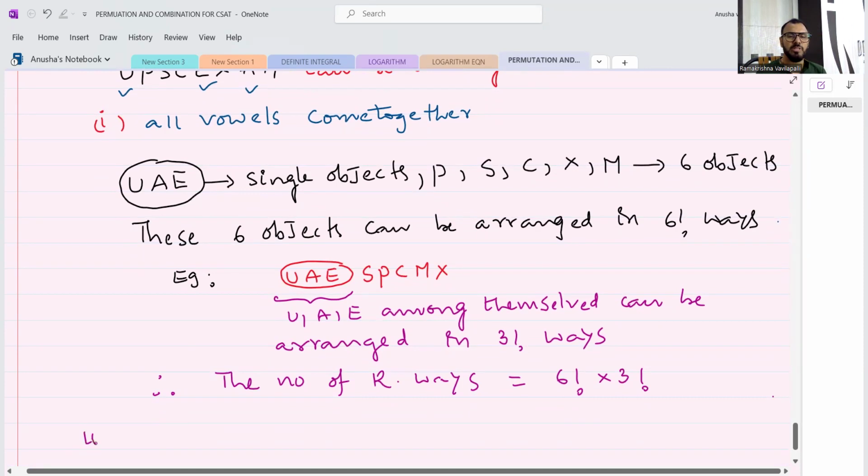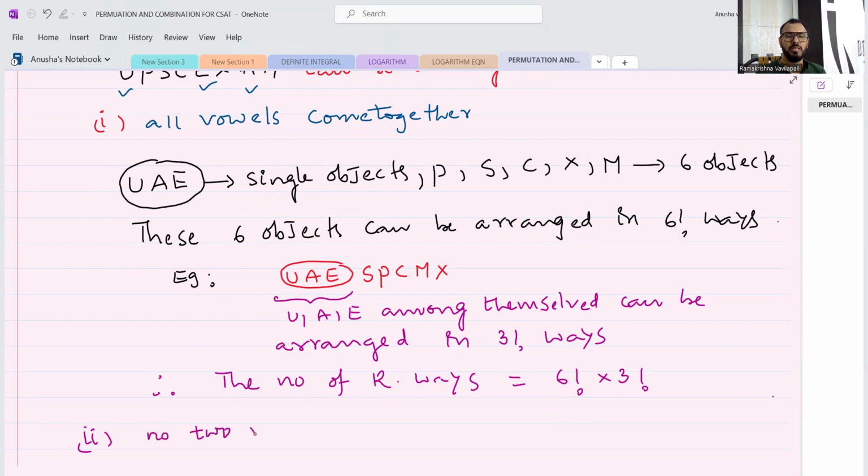There is another question: no two vowels come together. Out of three vowels, no two vowels come together in the arrangement.